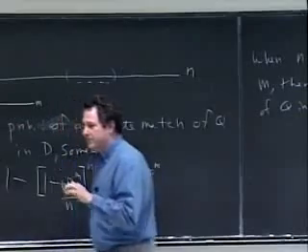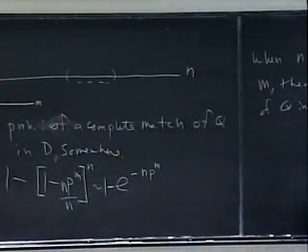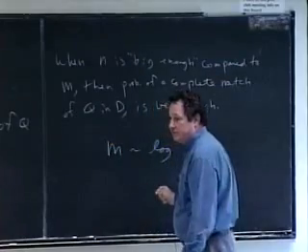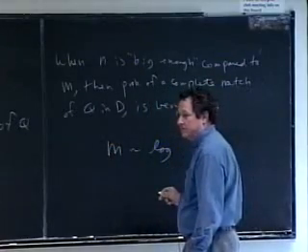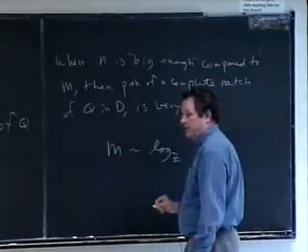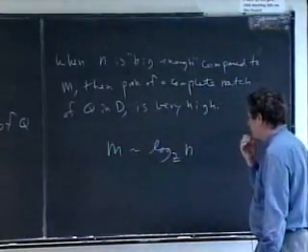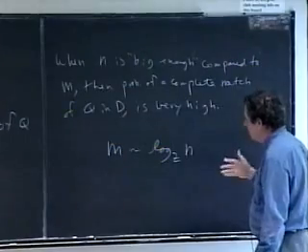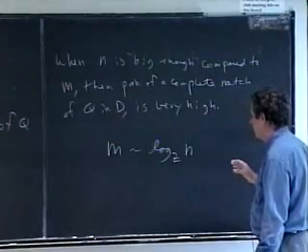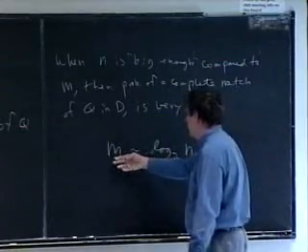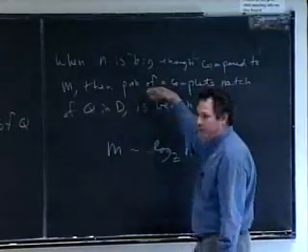So m is about the size of log of Z of n. This is actually a little bit backwards way of saying this, but in which direction does the probability get bigger and bigger?